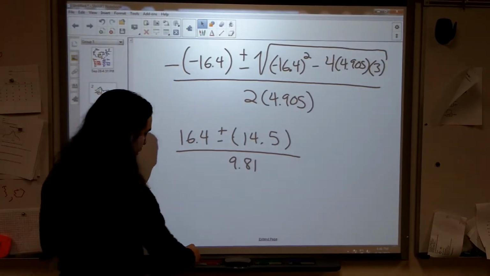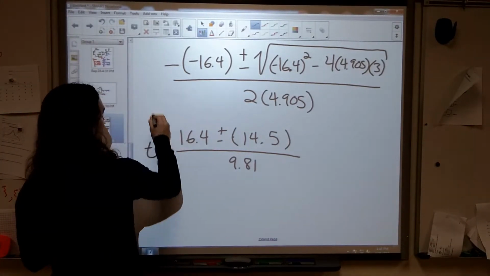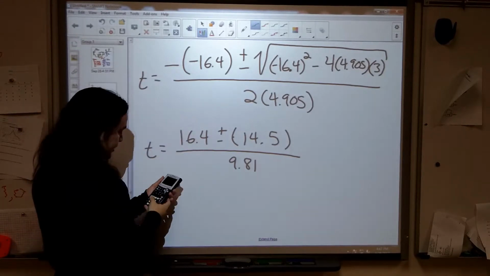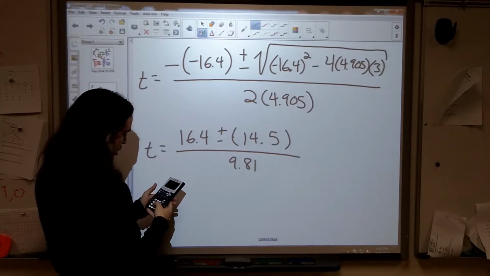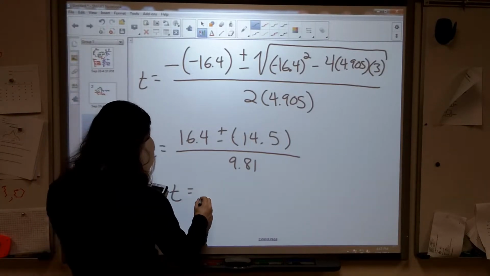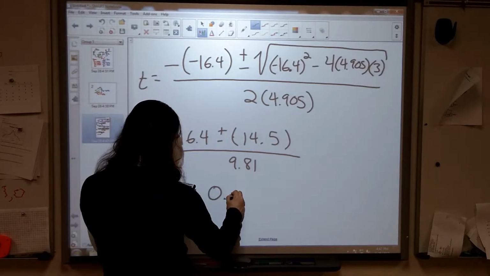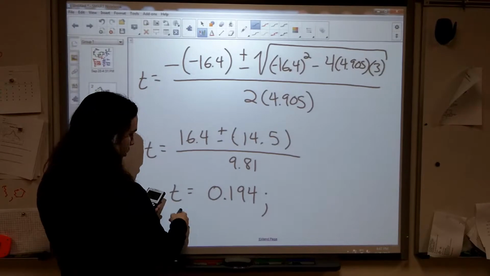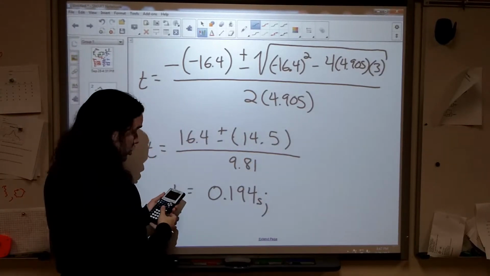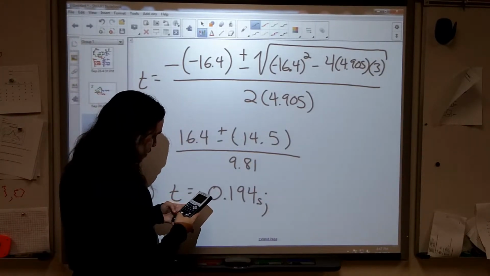All right, so the two things that I get, this will be t equals, for our case, the two things that I get: if I take 16.4 minus 14.5 divided by 9.81, one of them, t will equal positive 0.194, well, I presume seconds. We could check the units. I'm being a little lazy with the units.